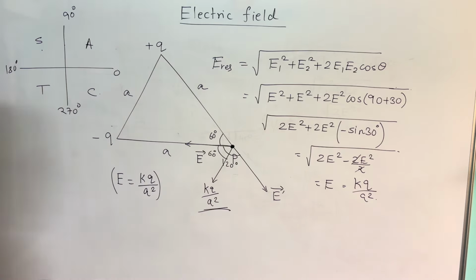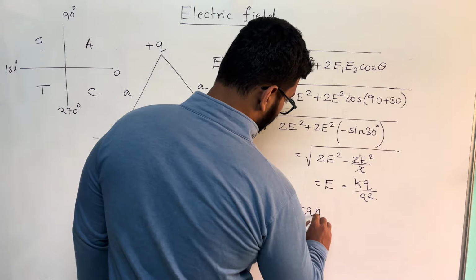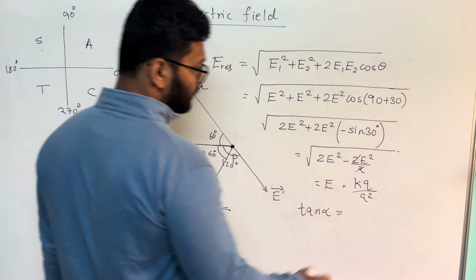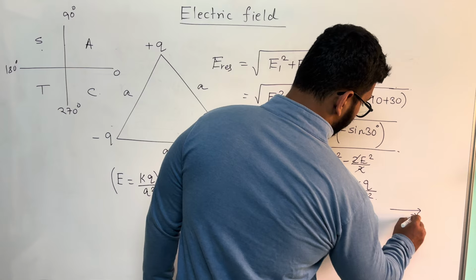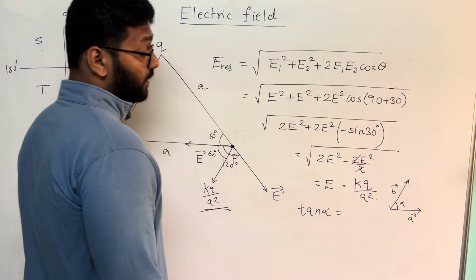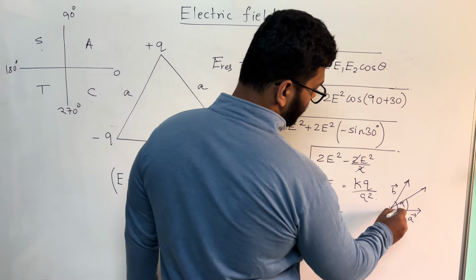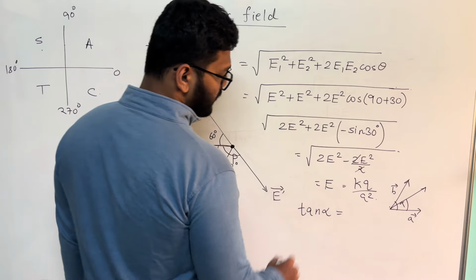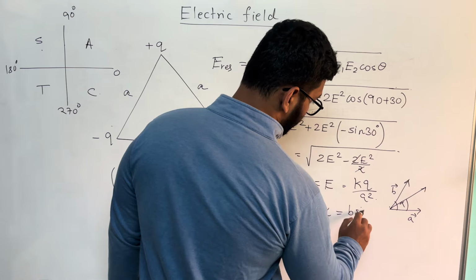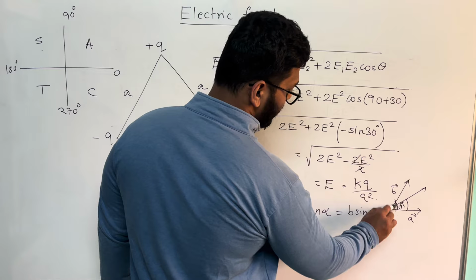So if you want to find out the value of that angle, you know this formula, right? Tan of alpha, where alpha is that angle. Suppose the vectors are like this: this is the A bar vector, this is the B bar vector, and this whole angle is theta.